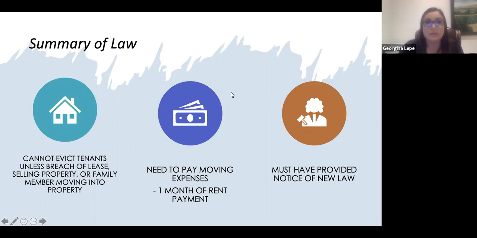Again, this only applies to properties that are not exempt, if it's a duplex or bigger. If it's a single family residence and it's exempt and you're evicting the tenants, you do not need to pay moving expenses. You do need to provide notice of the law. So how do you provide notice? You can use the CAR form that is found in your zip forms.